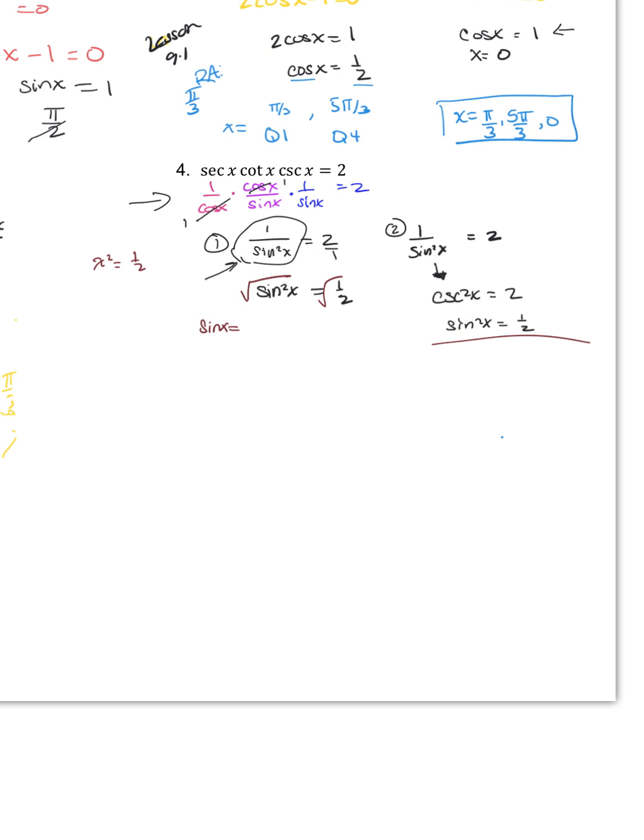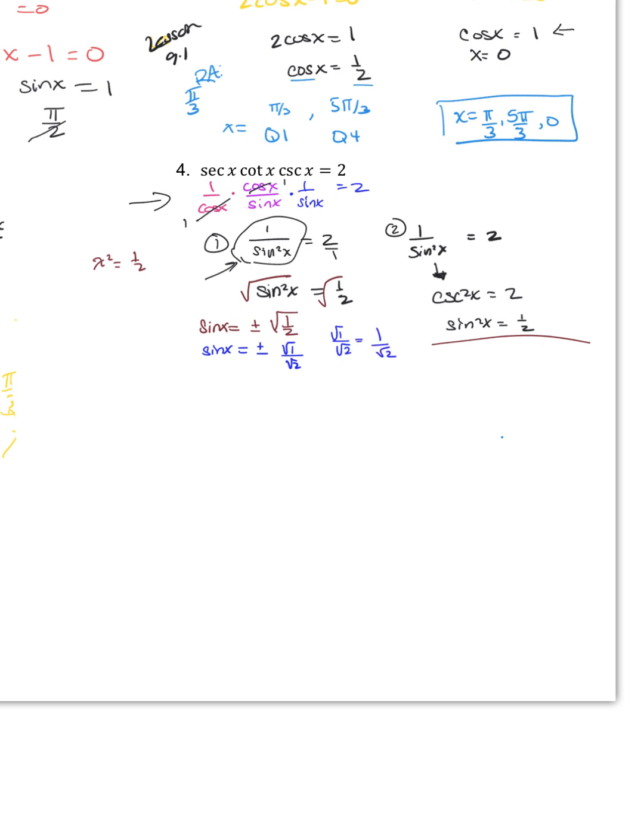Because remember, the square root of something is plus or minus the square root of 1/2. So I'm just going to take a few longer steps to make sure we understand. So this is now the same as plus or minus the square root of 1 over the square root of 2.